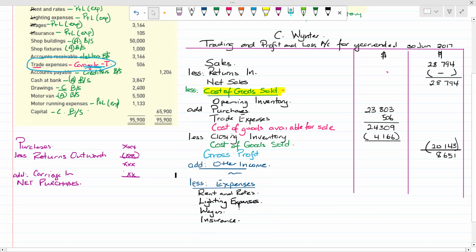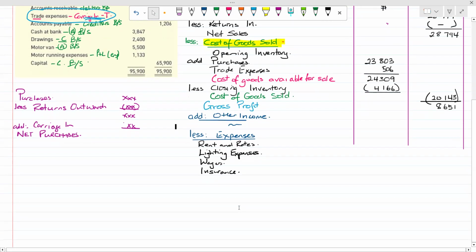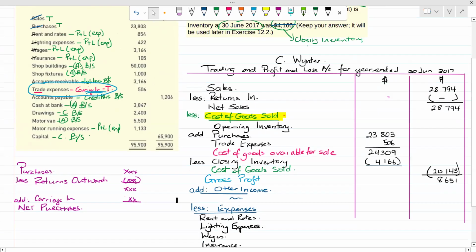Right? Then we could add other income. So for example, if we had like a rent received or commission, that would be a form of income. Other things that is added is not an expense, but we generate some additional revenue there. And then we were at the point where we were writing out all the expenses. So now I could take this one off. So you see the importance of how it comes in handy when we label all of these things and we go through ticking off.